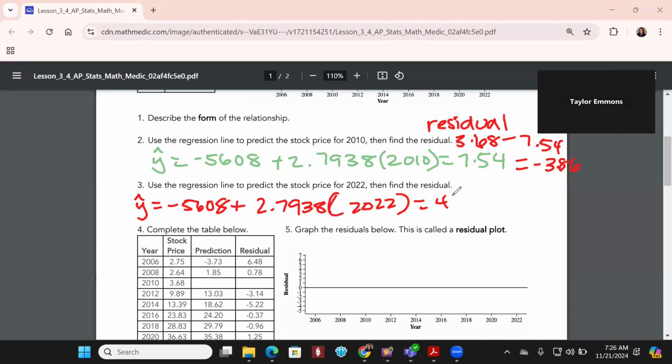So when you plug that into your calculator, you should have gotten 41.06.